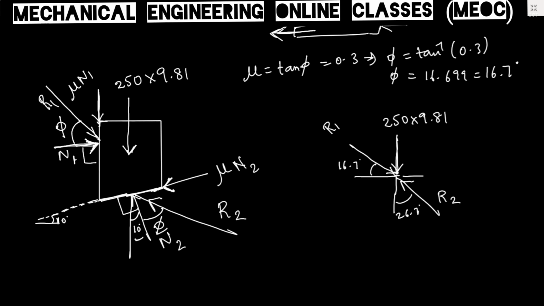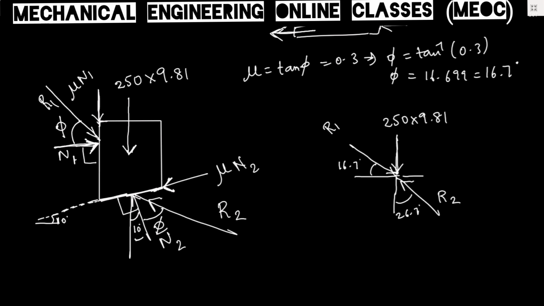You may doubt why I have represented a block in the form of a point. Initially, I told you to take down the block in the form and orientation as that is given in the question, so that the normal reactions and all other forces that are acting upon it, all the active and passive forces, can be drawn without any confusion. Once all the forces are shown correctly in terms of the direction, line of action, and the assumed names like n1, n2 or whatever, f1, f2, mu n1, mu n2, in any name we have given to a force.